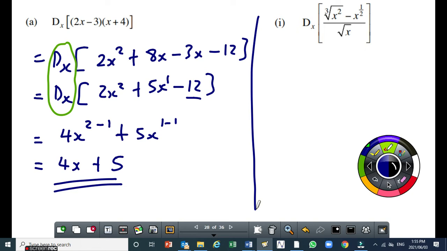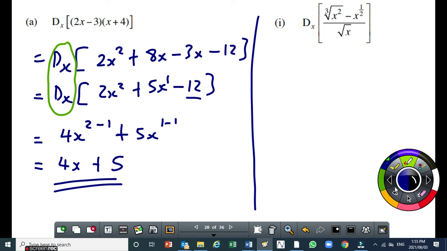Okay, so let's do I. Alright. Now, for you to be able to do I, first thing, remove the square root signs. But before you do that, I would suggest that you remove the square root signs first, then you use the first law of exponents by splitting the numerators under the same denominator.